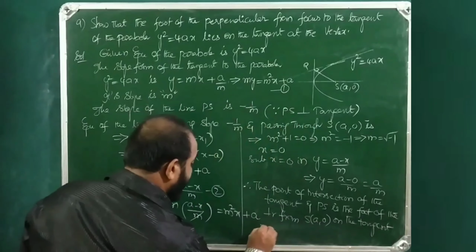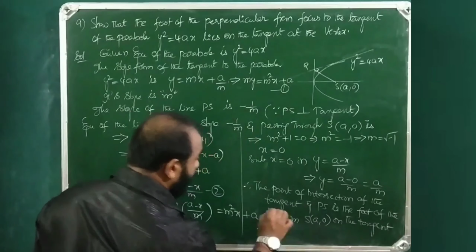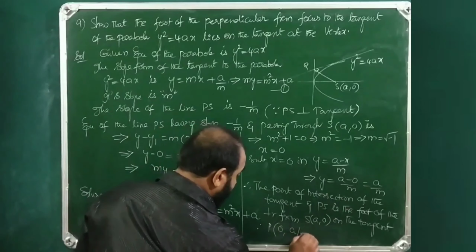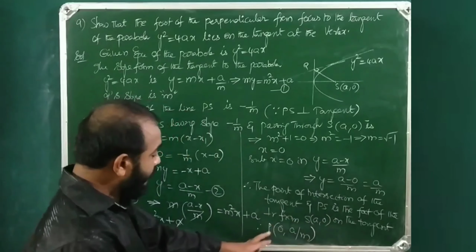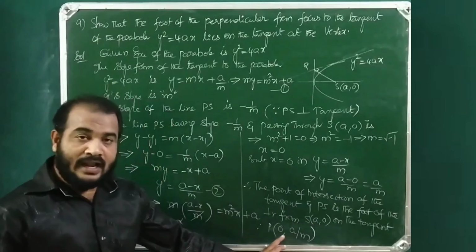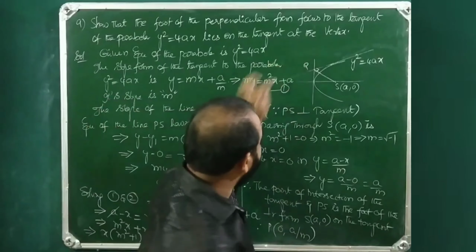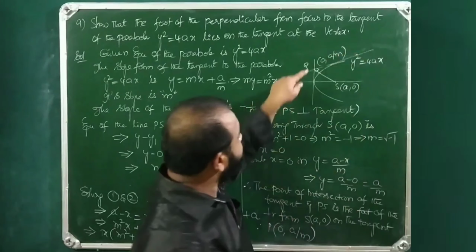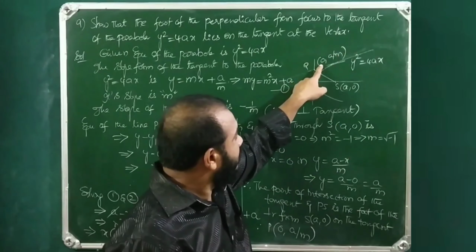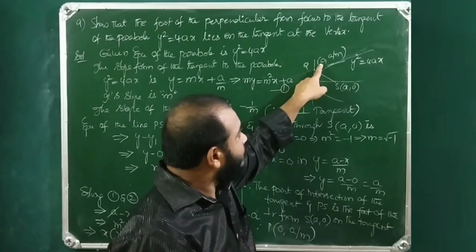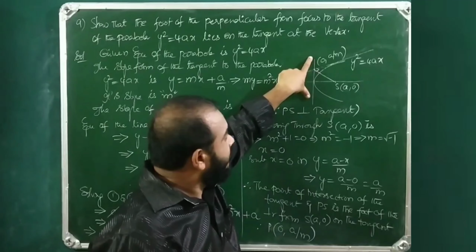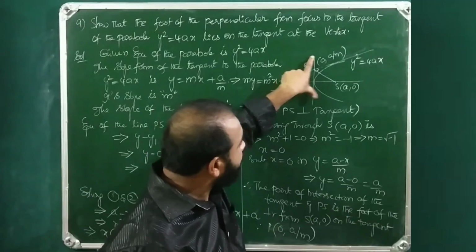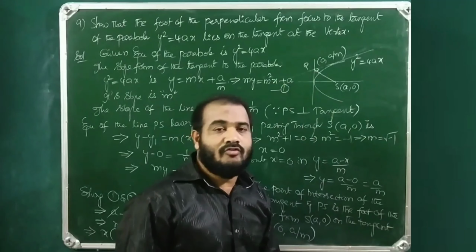So that is P is equals to 0 comma a by m. So this point of intersection lies on the y-axis, which is the tangent at the vertex to this parabola y square equals to 4ax.